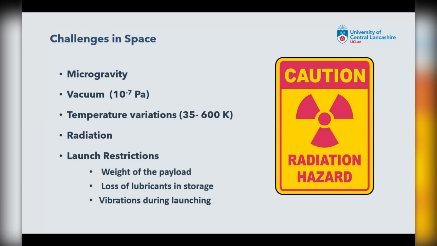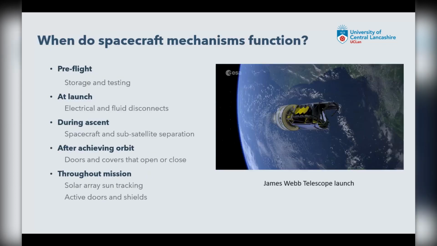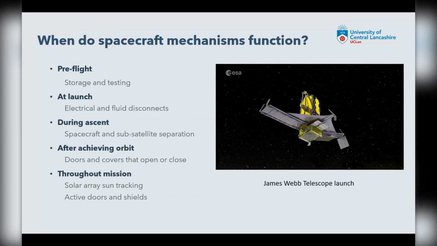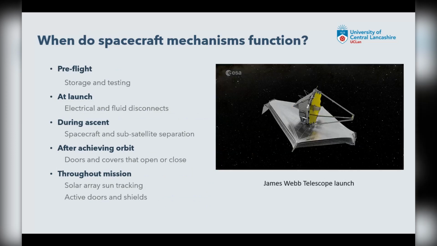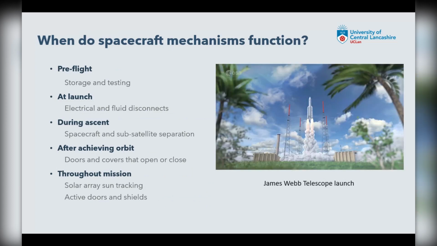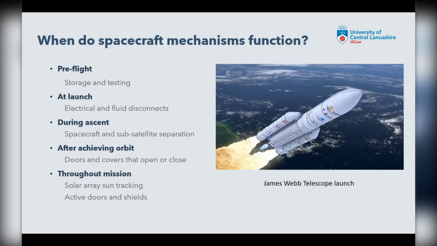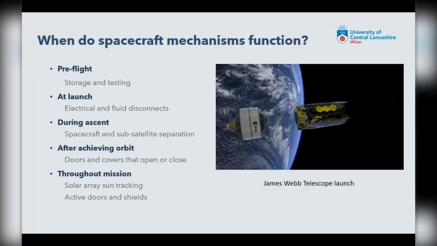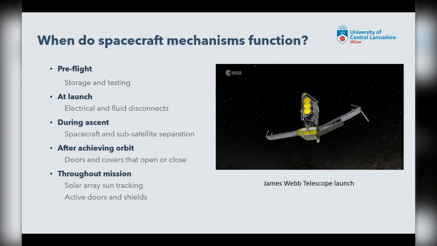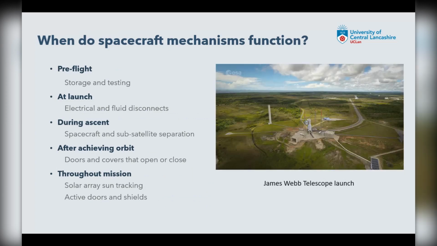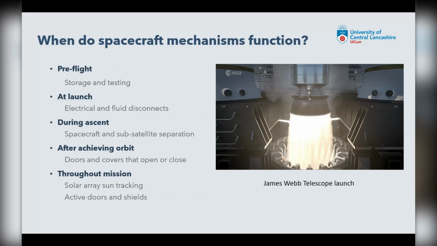So moving on, when do spacecraft mechanisms function? It starts even before launching, pre-flight, during storage. Before launching, we have to do standardization tests, and during those tests these mechanisms should function properly. At launch, electrical and fluid disconnects from the main rocket.